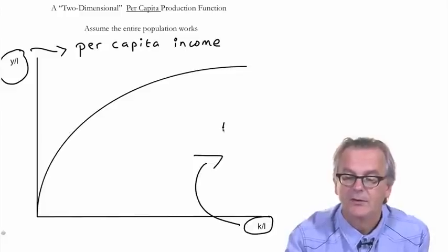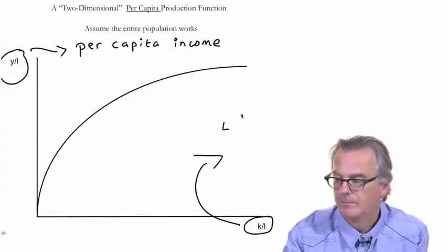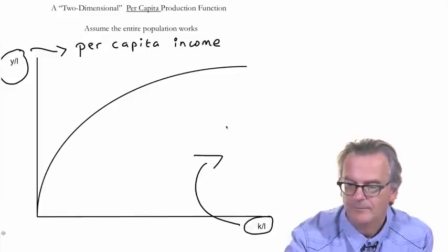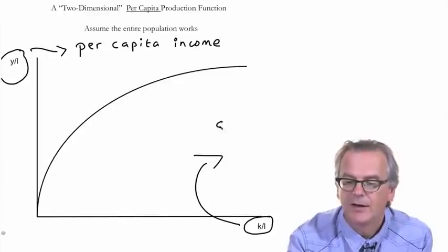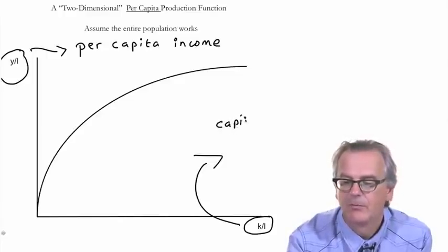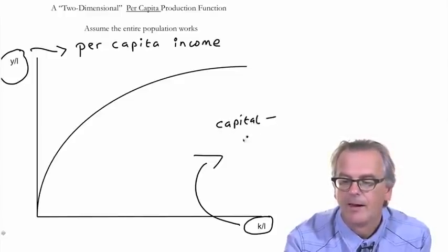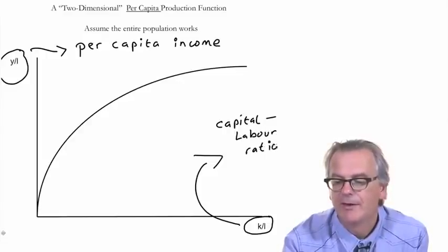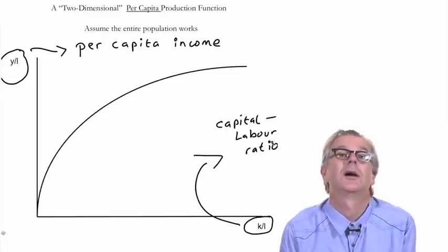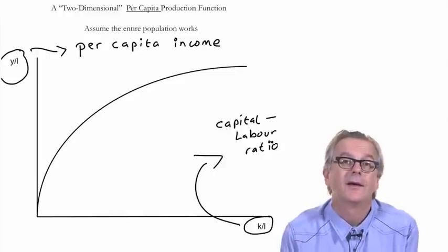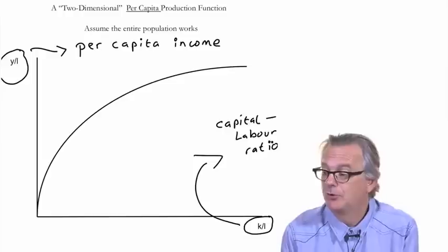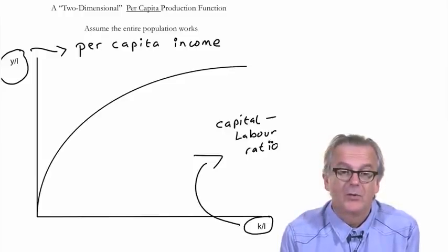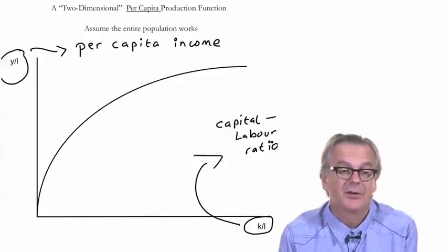That is known as the capital labour ratio. Think of this as the average amount of capital that is available to a worker when they turn up for work. So here we have the production function in per capita terms.